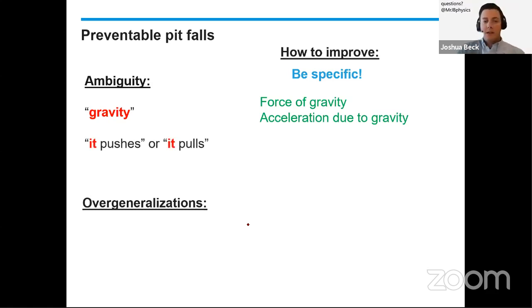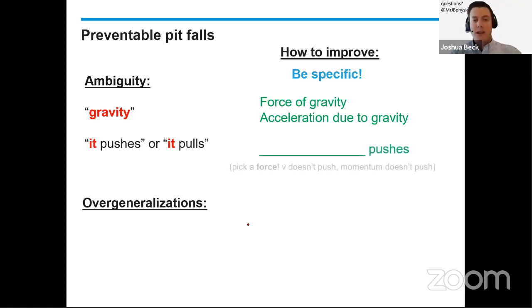In these explanations, we saw a lot of students saying it pushes or it pulls. Anytime in your exam, I talked about this the other day, try to avoid using it. Whatever it is, say what it is. So blank pushes or blank pulls. Now, with this in mind, make sure that whatever you put in that blank is an actual force. We saw a lot of student samples where it says the velocity pushes it around the path.